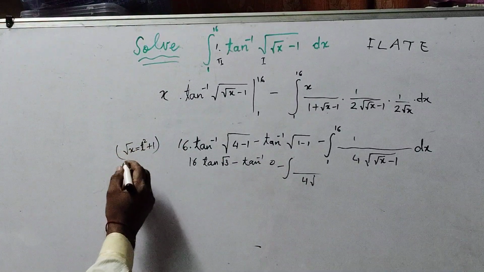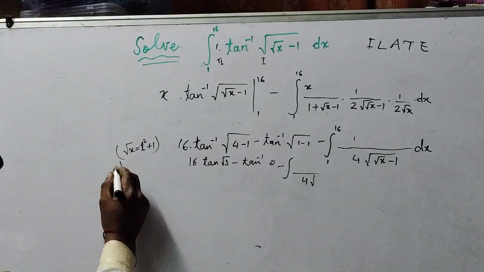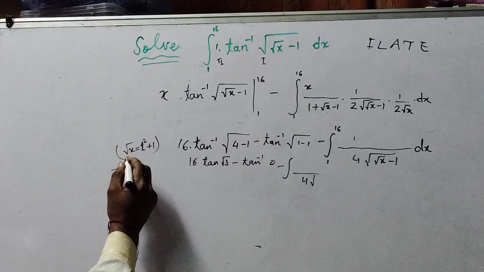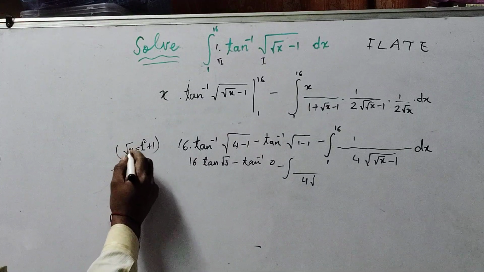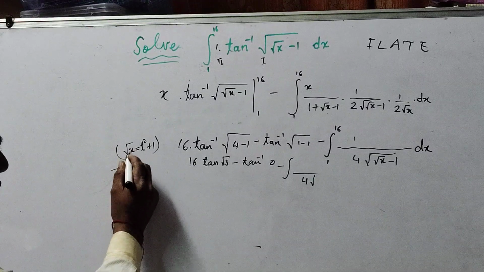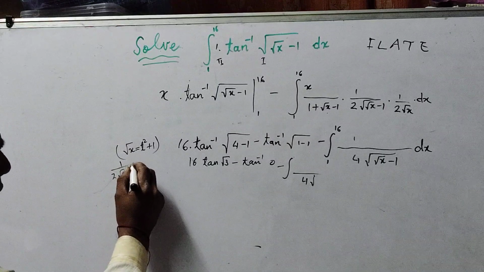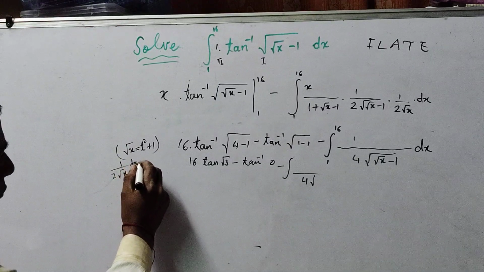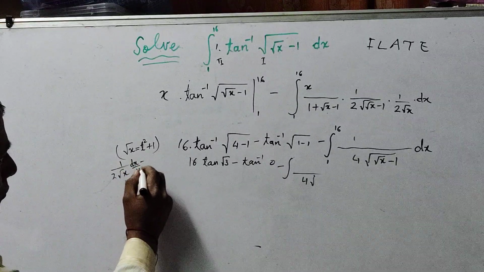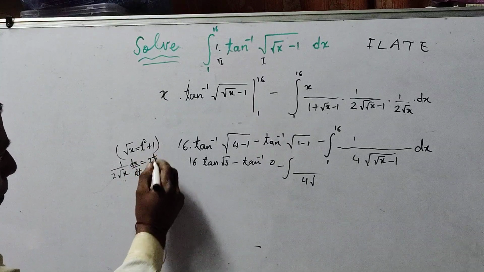So suppose we assume this and differentiate both sides with respect to t. We get dx upon dt, 1 by 2 root x dx upon dt, equal to its differentiation, 2t.